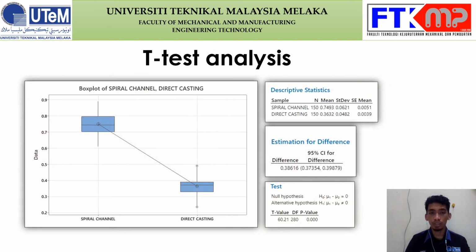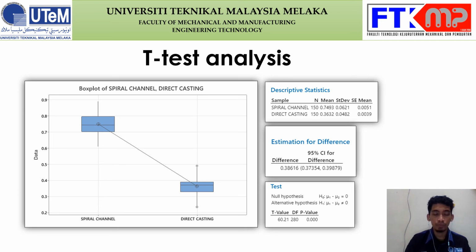Okay, this slide shows the t-test analysis data. Before that, all the specimens need to go through optical microscopy. For one specimen, we collect 30 data, so all the data for the spiral channel is 150, the same with direct casting. This is to get a normal distribution.